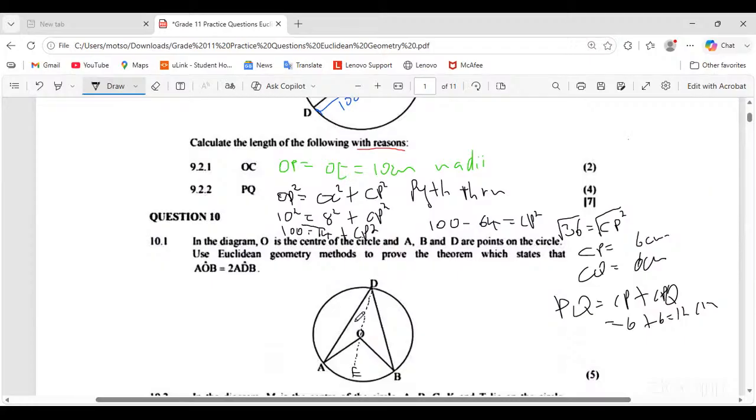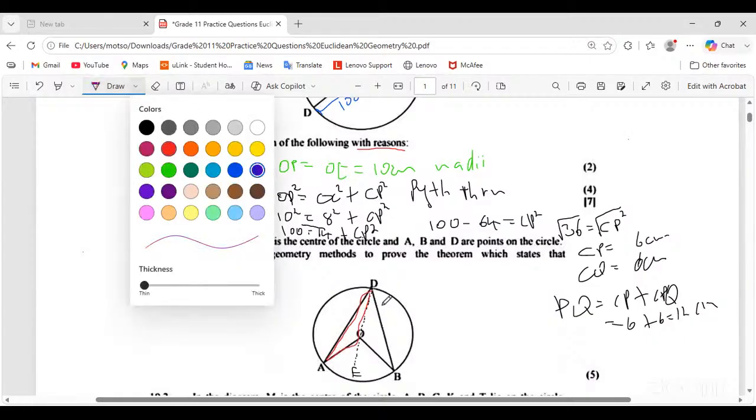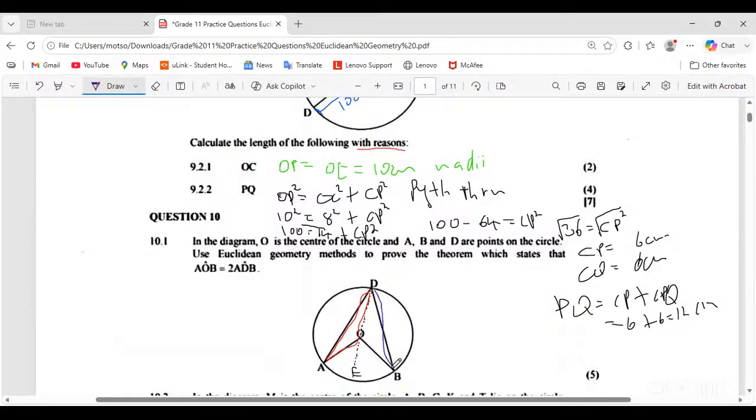Now, we are going to have these two triangles. Let me use two different colors. We have this red triangle and the blue triangle here. Good. Now we are going to use these two triangles.